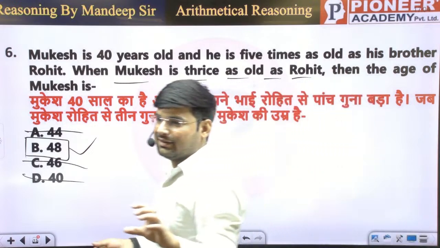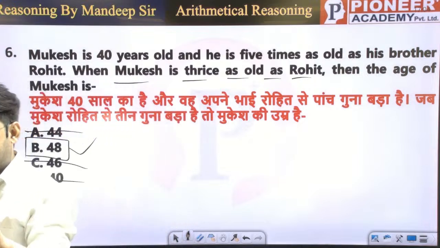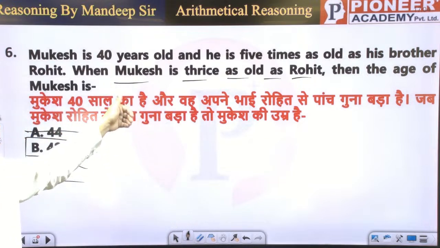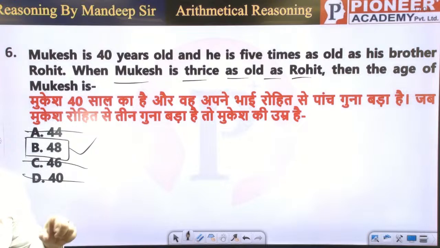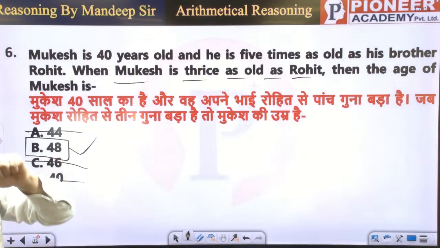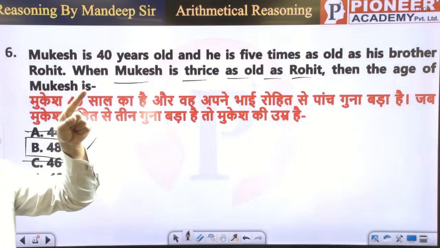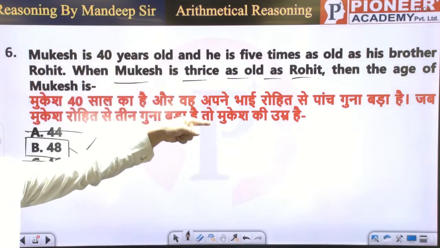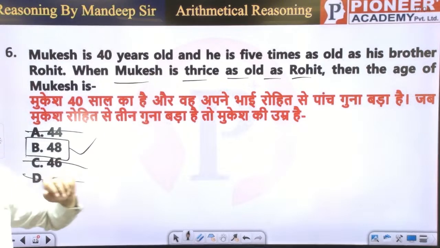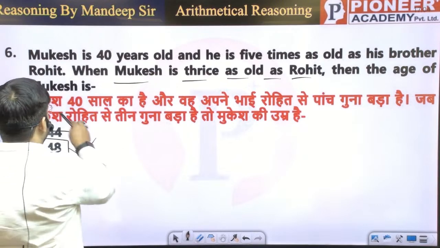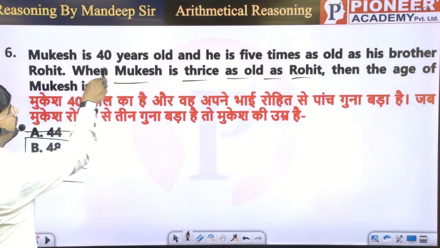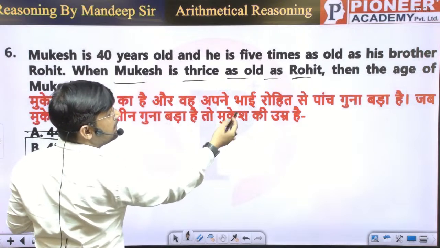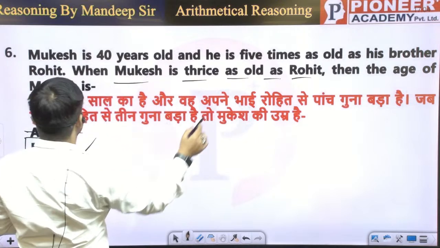But I'll tell you the method to solve these questions. The method you can apply on the CI/SI topic in mathematics, and ratio method, and profit and loss also. Mukesh is 40 years old and he is 5 times as old as his brother Rohit.